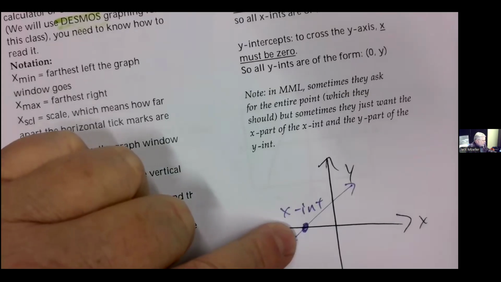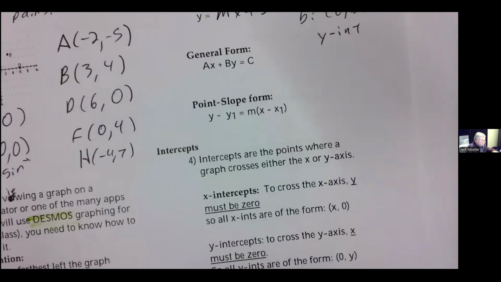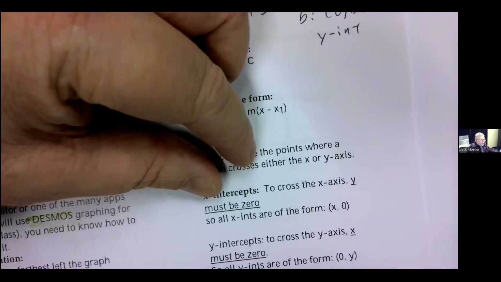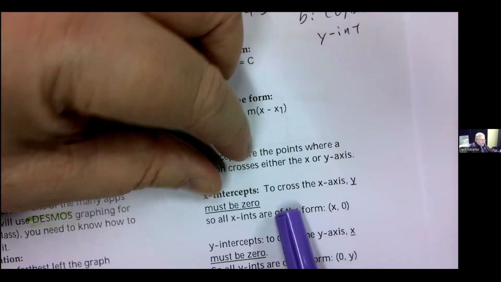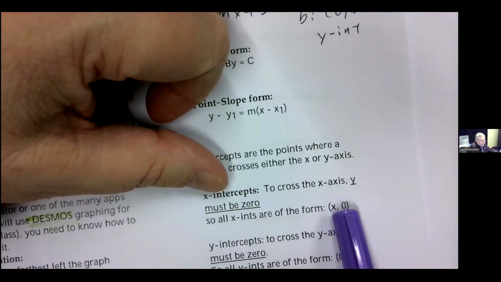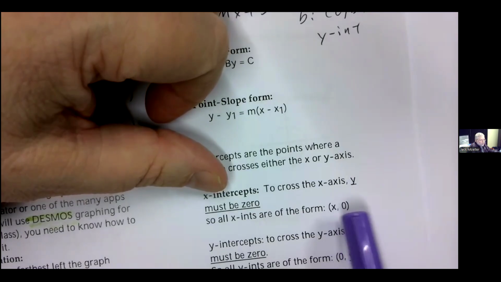So to cross the x-axis, that means we can't go up or down. So what that means is y is always 0. Okay. So to cross the x-axis, y must be 0. So every time you're doing an x-intercept, y has to be 0. We don't know what x is. That depends on the graph or the equation, but we know y is 0.